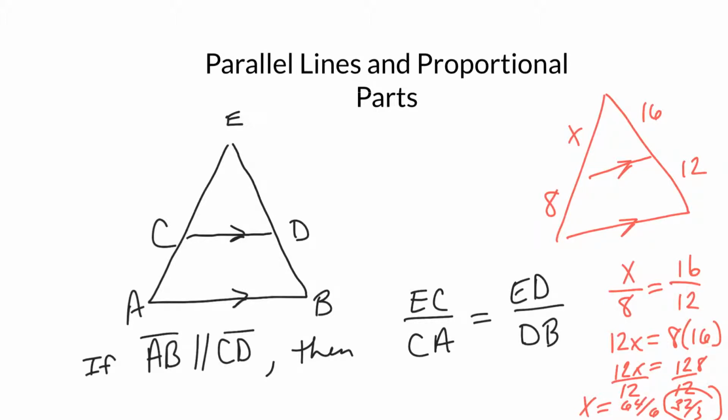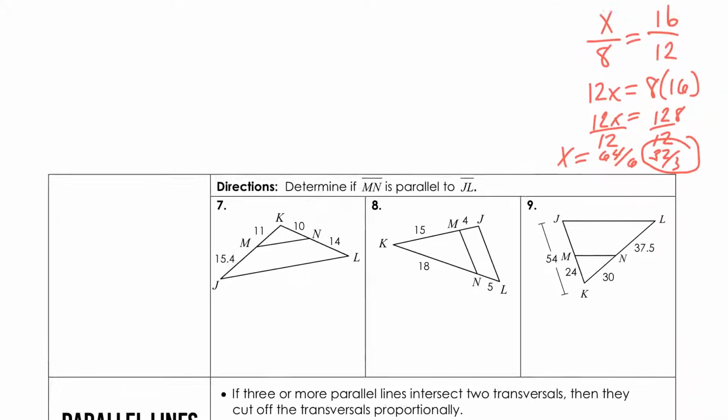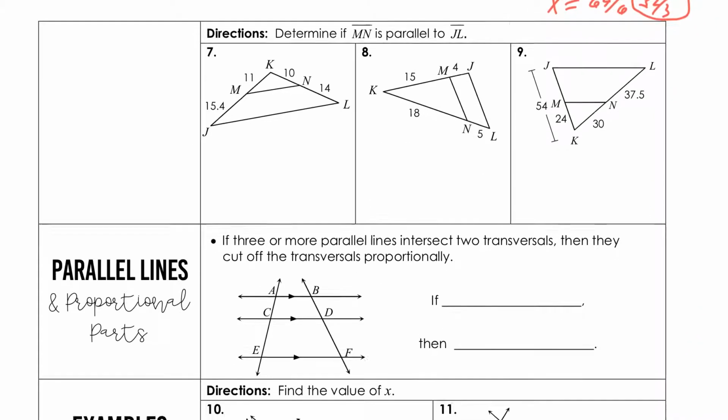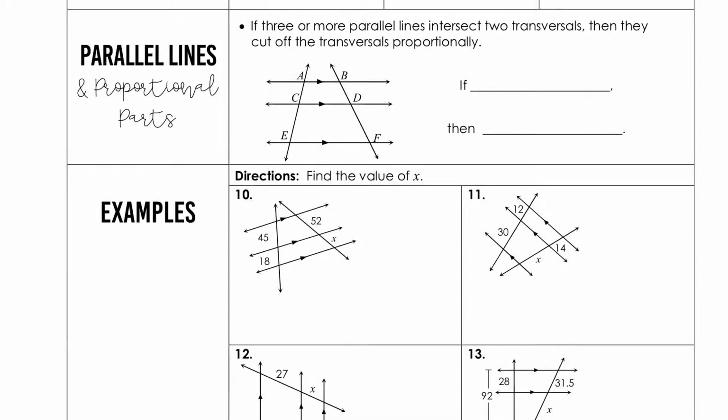So now let's extend this just a little bit. Let's take, for instance, parallel lines and proportional parts. If 3 or more parallel lines intersect two transversals, then they cut the transversals proportionally.